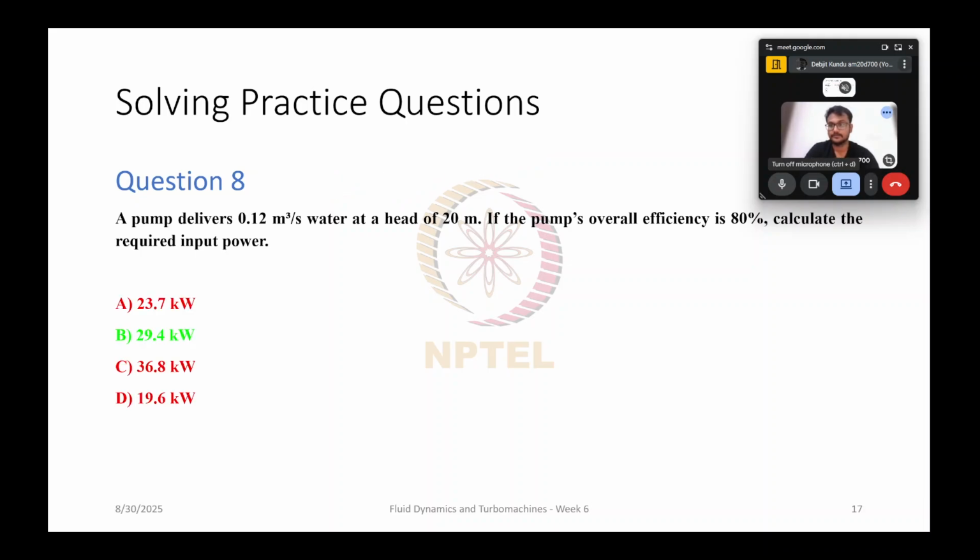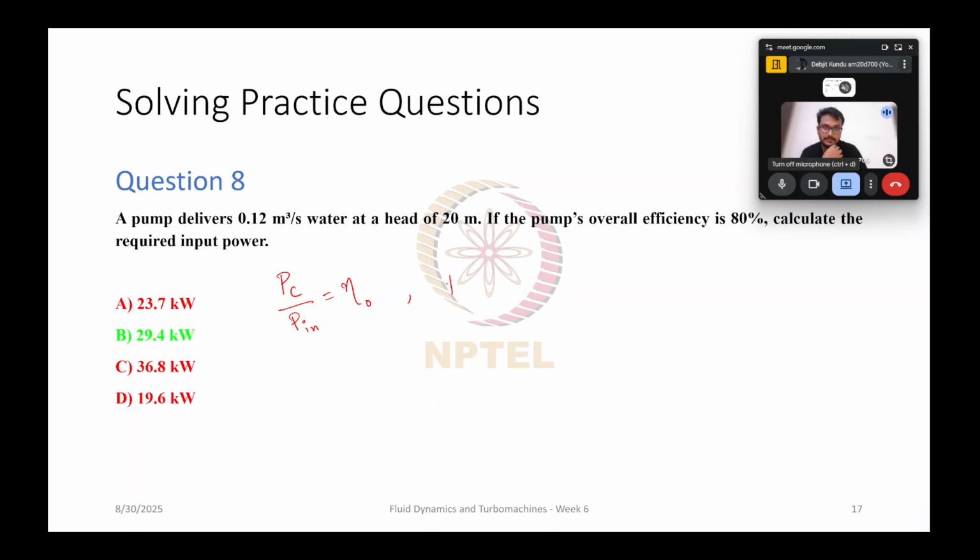So let's take a look at the solution. It's actually option B, 29.4 kilowatts. So let's get there. So basically, the input power is higher than the power supplied by the pump or the compressor to the fluid. So P_C over P_in, that is the overall efficiency, which is 80% in this case.